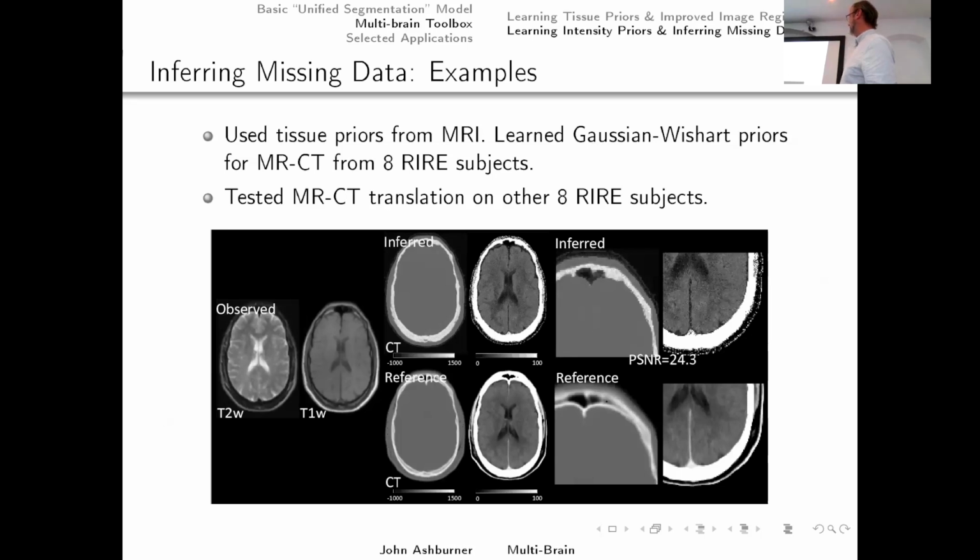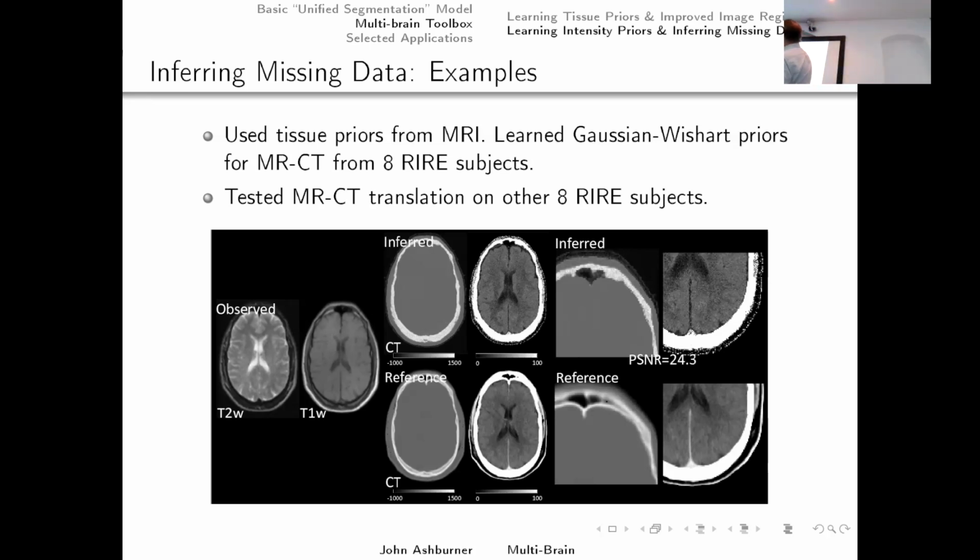And it was also done with MRI and CT. We didn't train it to produce tissue maps that are appropriate for CT. We used tissue maps derived from MRI images, but let it learn the normal Wishart priors for imputing the values of the missing data.